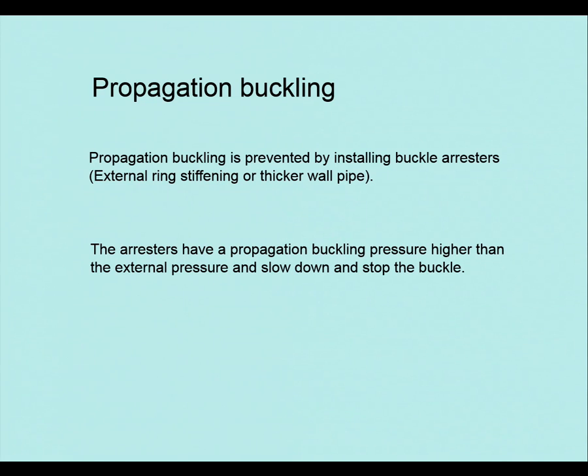But theoretically, when this starts to collapse, it will come to this point where it can't collapse because it's too thick a wall thickness. So the buckle will stop here. It won't propagate past this. At one time they used to put these on as rings.